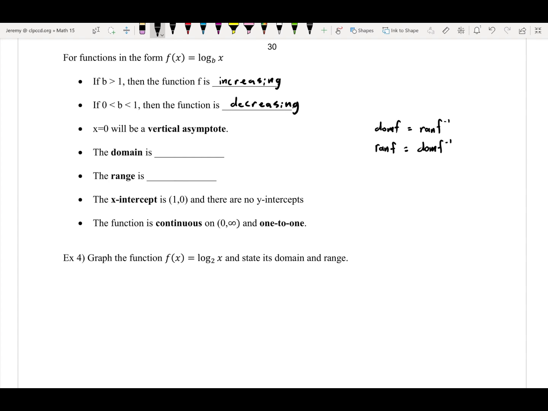Okay, so remember the range of an exponential function, or of our parent exponential function b to the x, is 0 to positive infinity. So that is going to be the domain for the inverse, log base b of x.